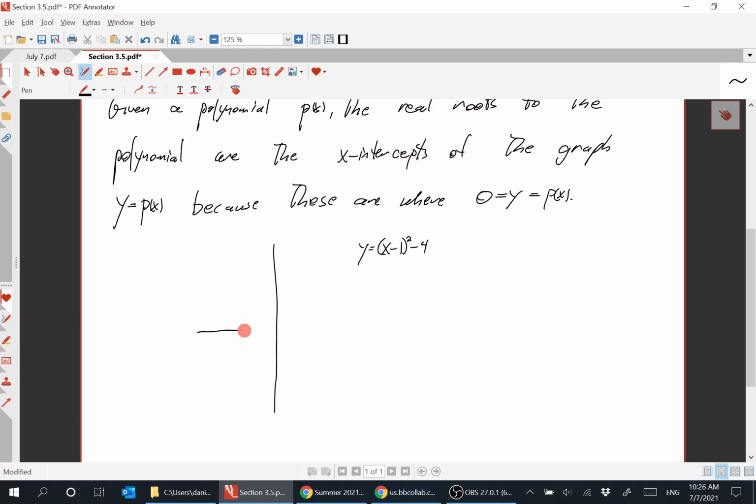So this is a parabola whose vertex is down at 1, negative 4, whose y-intercept, where x is equal to 0, is at negative 3, and whose x-intercepts, so this is the polynomial if you multiply it through, it's x squared minus 2x plus 1 minus 4, which is x squared minus 2x minus 3, which factors as x minus 3 times x plus 1.